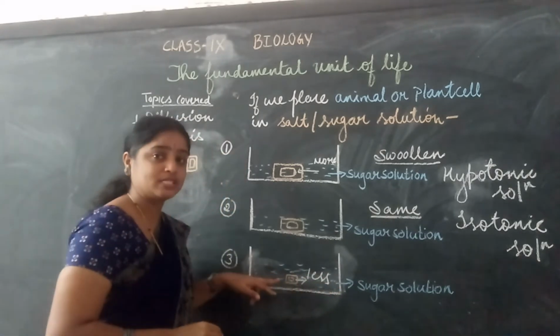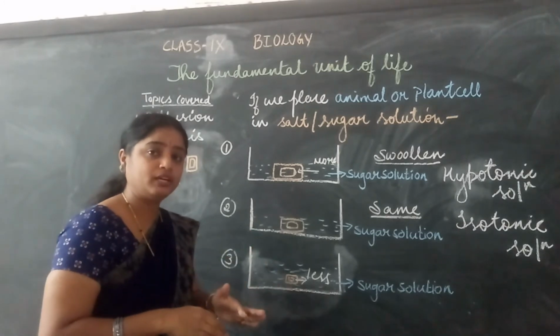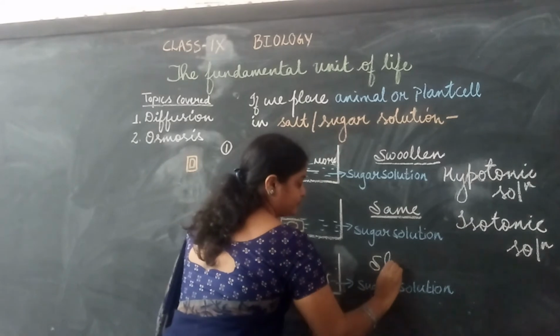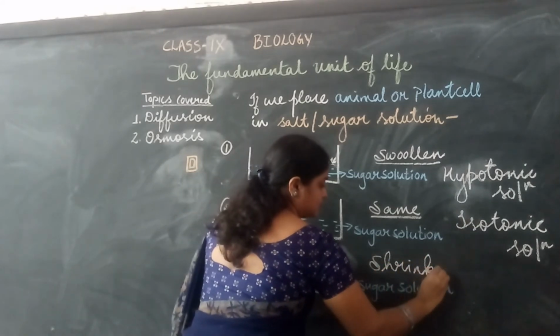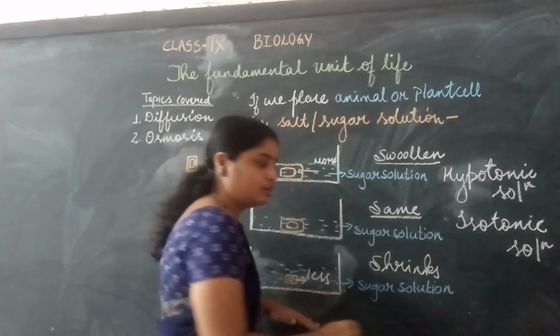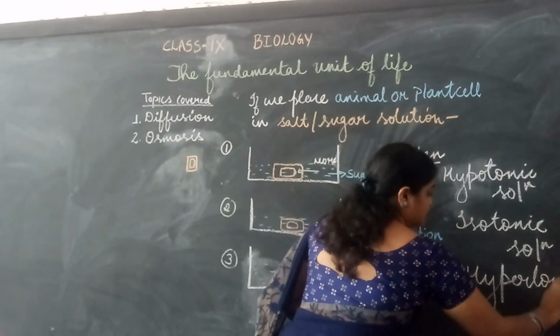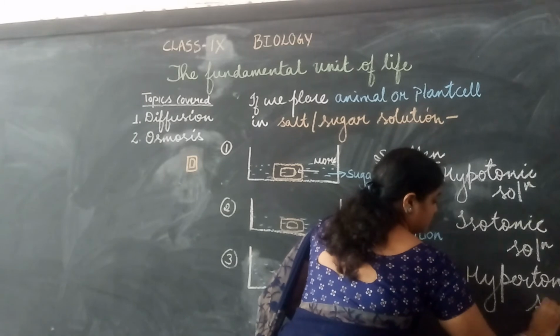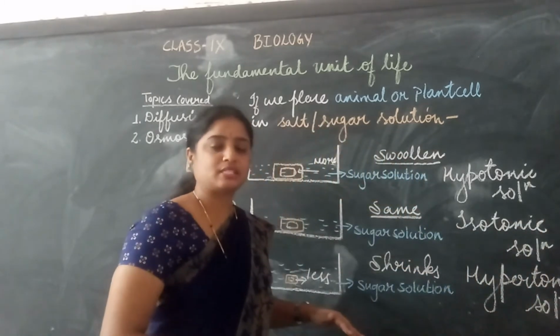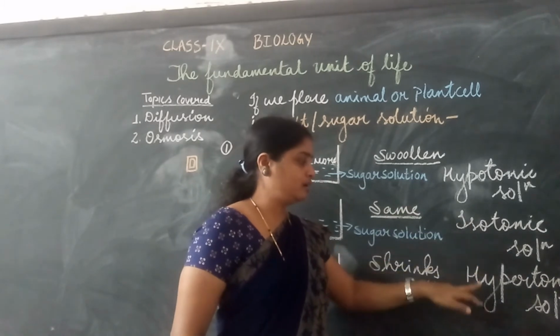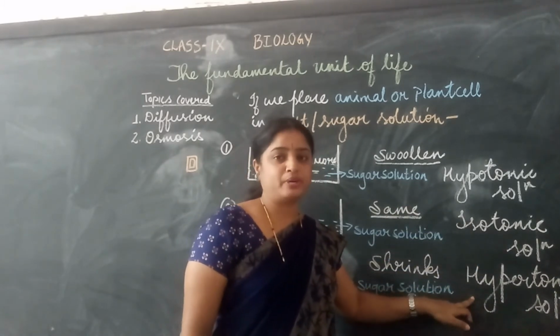And what happens to the size when water has come out? The size of the cell shrinks. And the solution, you call it a hypertonic solution. So three types of solutions can be there: hypotonic, isotonic, and third, hypertonic.